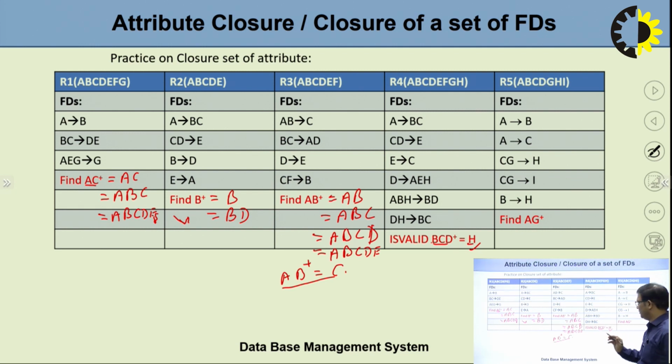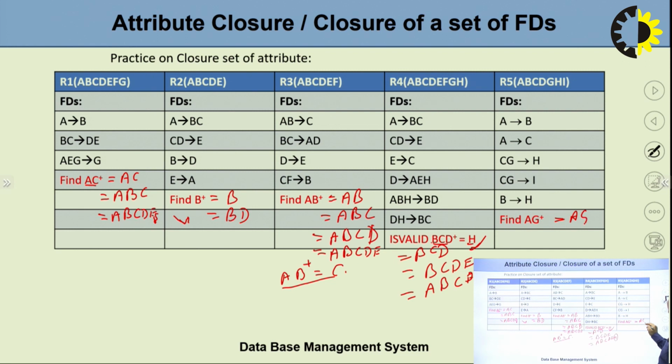For example, BCD, okay, BC, CDE. So B, C, D, E. D gives AEH. You need to write A, B, C, D, E, H. Now H comes. So H is true. This is true.